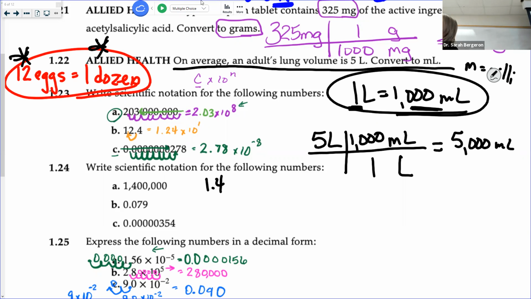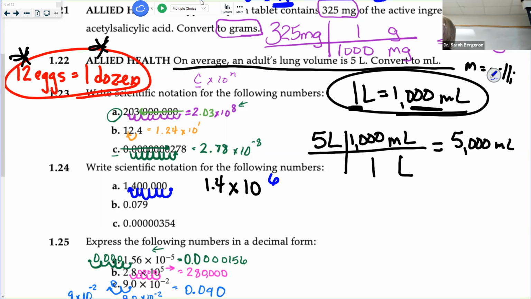1.4, right? So where was my decimal place to start with? Right behind that last 0. So now if I want to know that's 1.4 times 10 to something, all I have to do is count the number of times my decimal place has moved. 1, 2, 3, 4, 5, 6 to get to that final destination. So that makes my exponent 6.